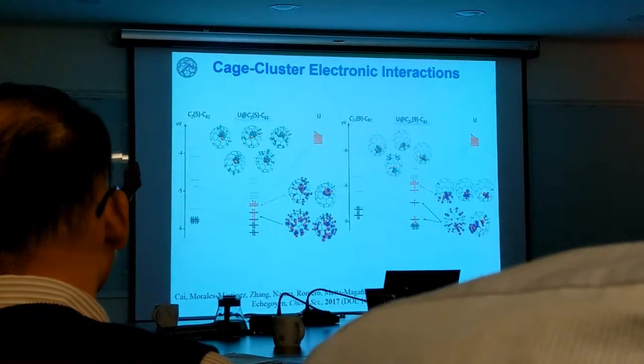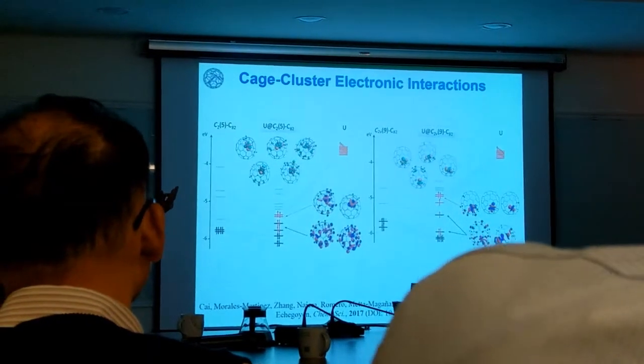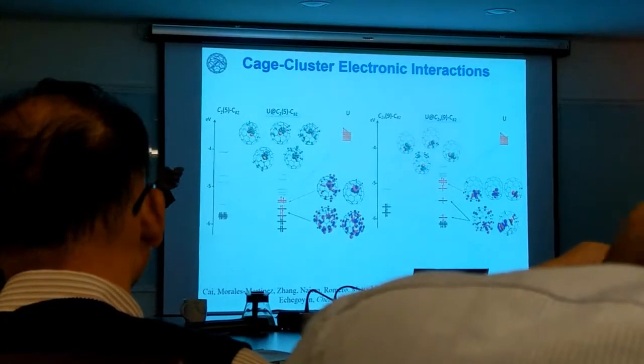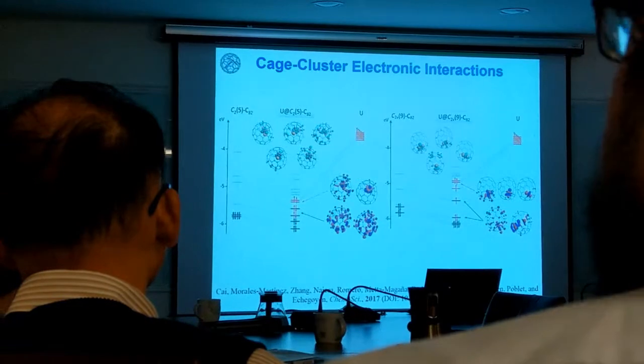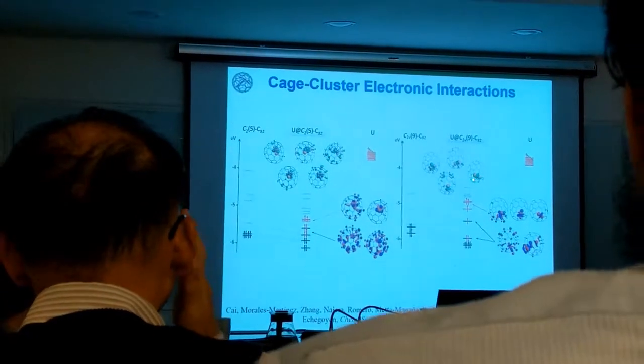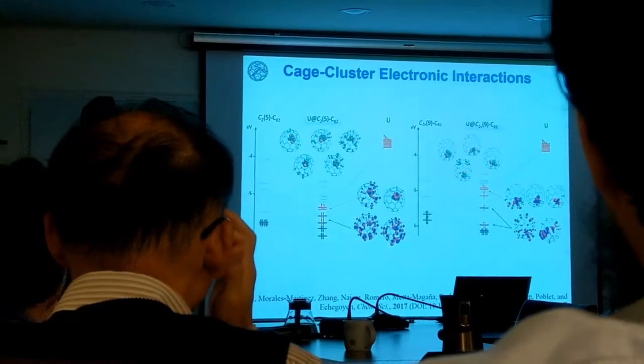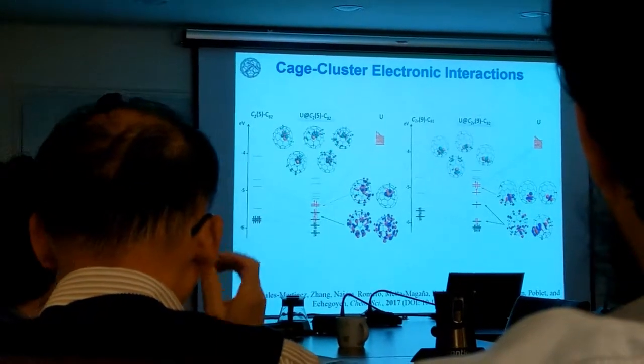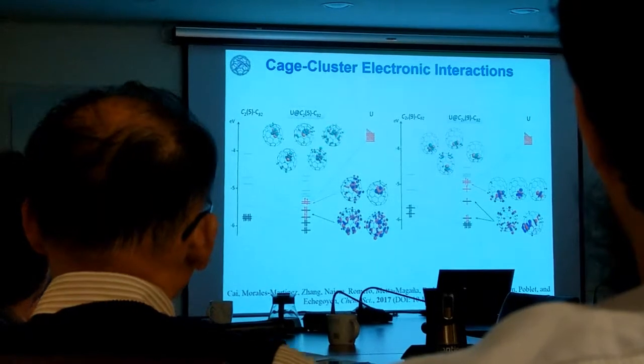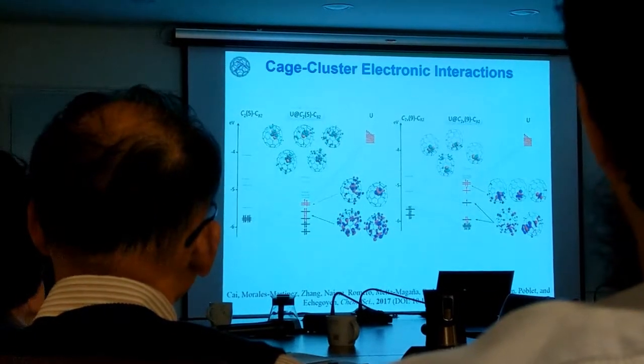So you have a 3+ formal oxidation state for uranium, and the cage is 3-minus. The reason for this is the proximity of the uranium to the cage, which interacts very strongly with particular orbitals on the surface of that C82 isomeric cage. So we understand what's going on.